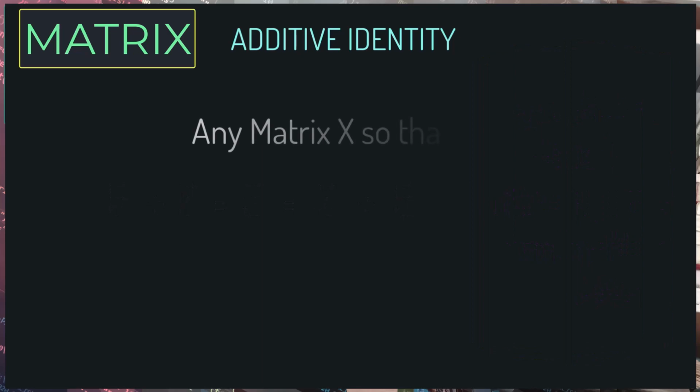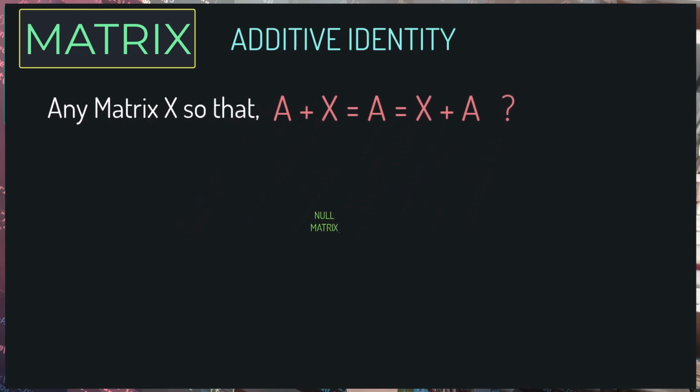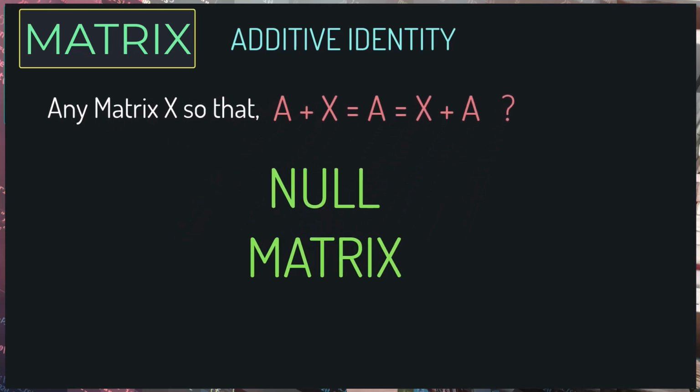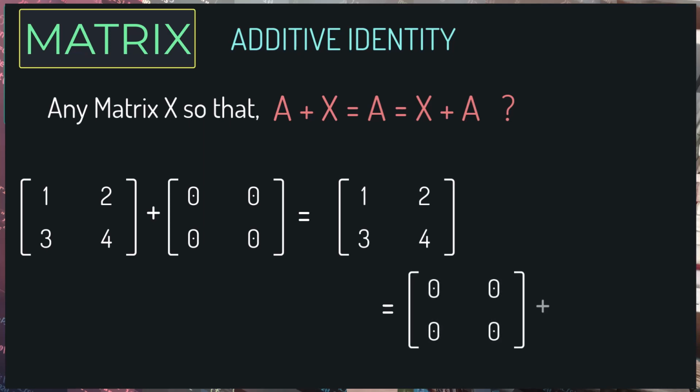Or in other words, is there any matrix X such that A plus X equal to A equal to X plus A? The answer is yes. We have the null matrix. For example, matrix 1, 2, 3, 4 plus the null matrix equal to matrix 1, 2, 3, 4, that is same as null matrix plus matrix 1, 2, 3, 4. Hence, the null or 0 matrix is called the additive identity in the system of matrices.